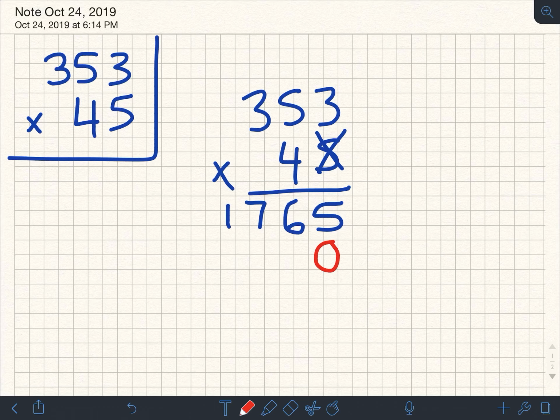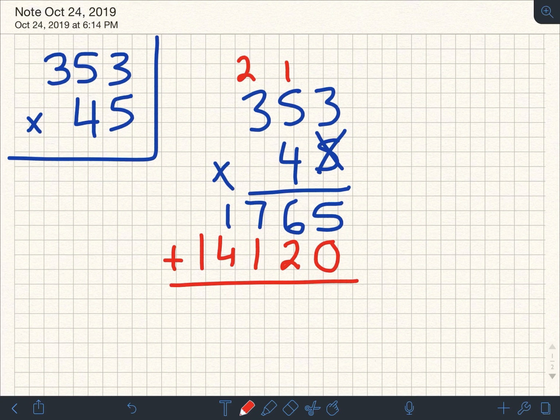So then I'll think 4 times 3 is 12, so I put the 2 here and carry the 1. 4 times 5 is 20, plus 1 is 21, so I'll put the 1 here and carry the 2. 4 times 3 is 12, plus 2 is 14, so I put the 14 here.